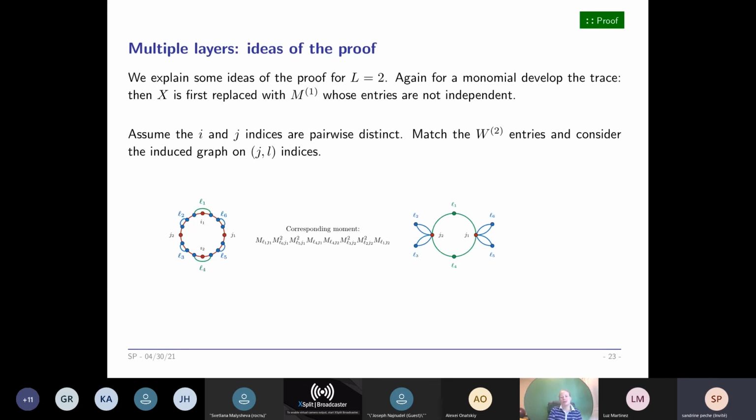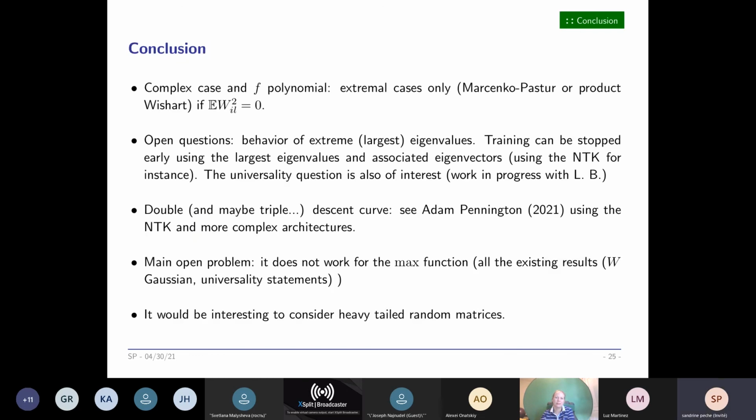Which is just about the conclusion for the talk. So can you skip 2 more slides? Okay. So what I haven't said is that I consider real random matrices.